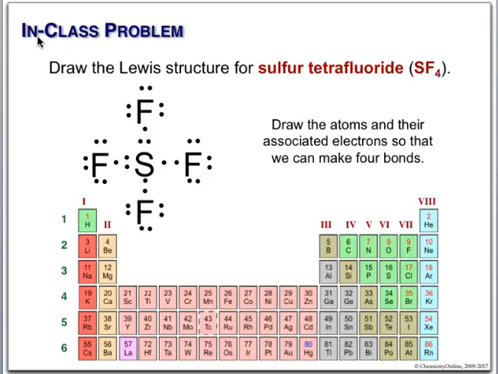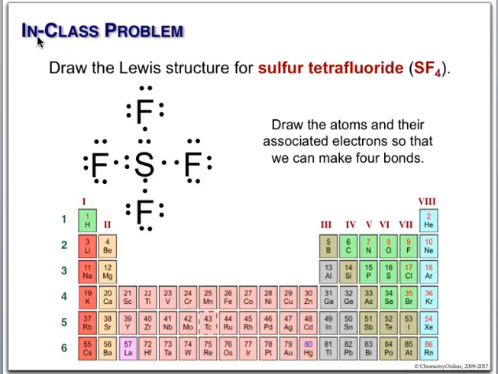Now, as we look at this, we feel very comfortable because we have 2 electrons here. Hey, that's a bond, isn't it? We have 2 electrons here. That's a bond. But oh my goodness, here we have 3 and 3. Now, what in the world are we going to do with those? Only 2 can go in a bond, right? Well, this is a very simple trick.